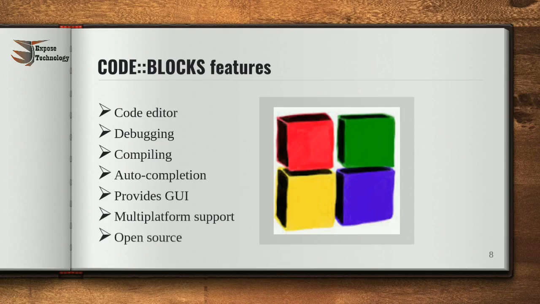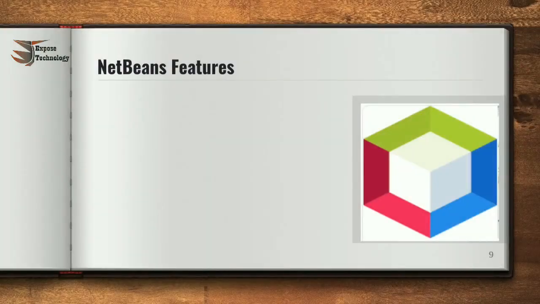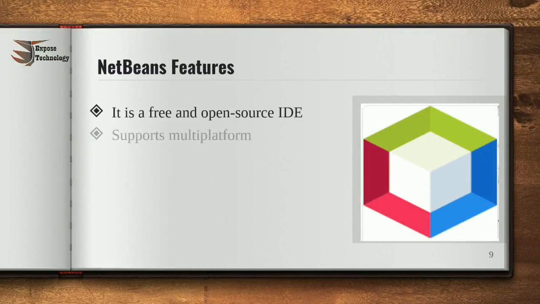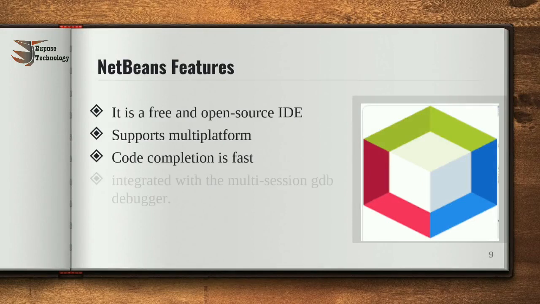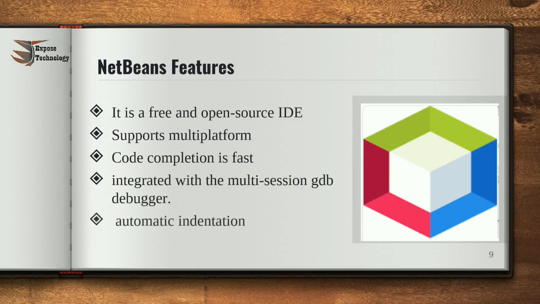It's also open source. NetBeans features. It's also an open source and free IDE, supports multi-platform, code completion is fast, integrated with multi-session GDB debugger, automatic indentation, semantic highlighting, and formatting.